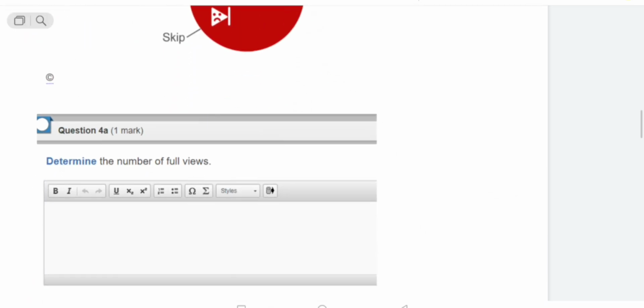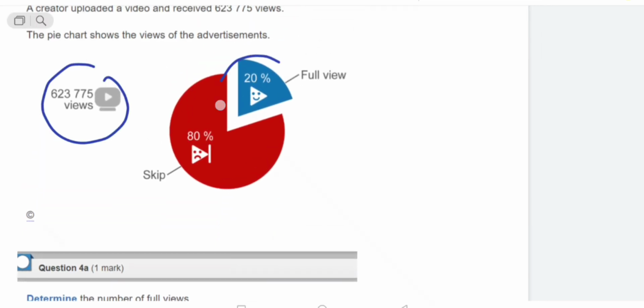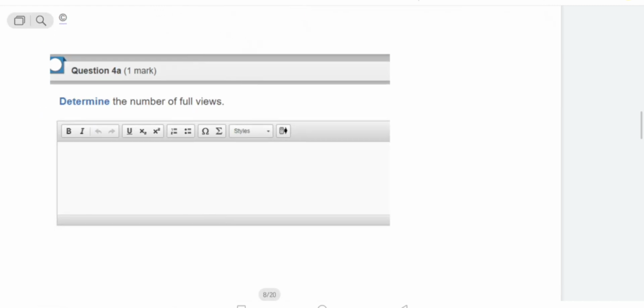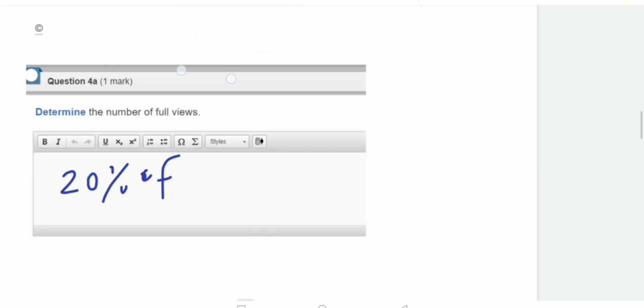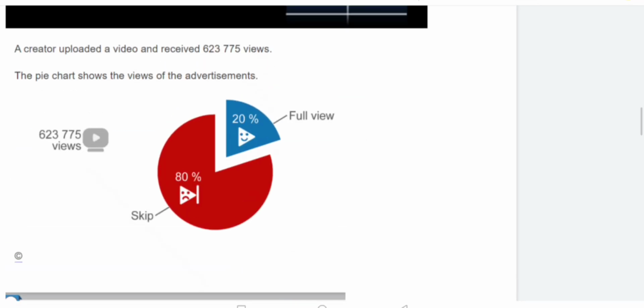So first of all, they are asking you to find the full views. This is the total view. We need to find the 20% of the total view. So 20% of the total. The total, how many are there? 7, 7. Let me check it's correct. Yeah, it is correct.